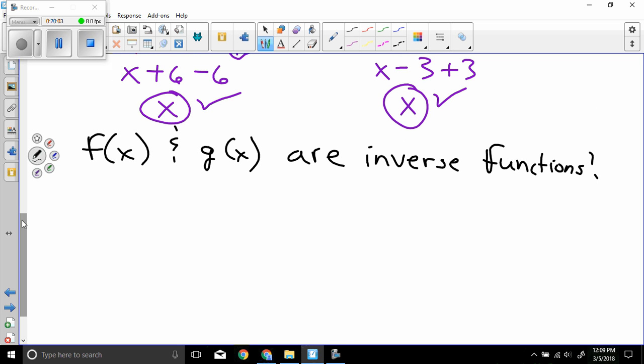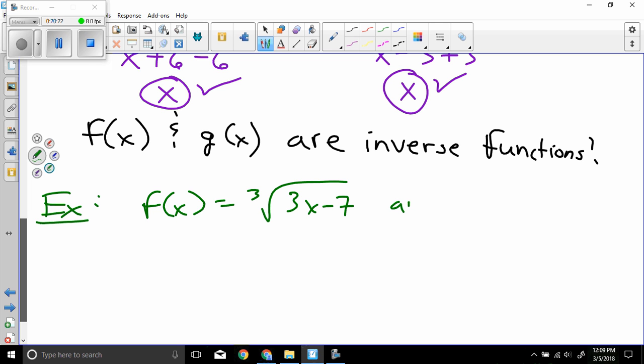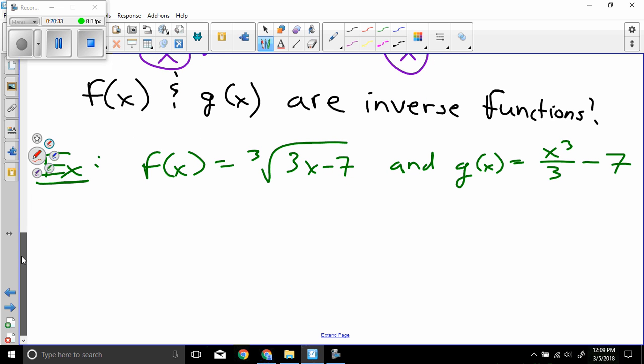I think I'll do one more example and then that'll conclude the notes here. So one more example. Let's try this one here. Let's try f of x equals the cube root of 3x minus 7, and it looks like g of x equals x cubed over 3 minus 7. So let's revisit again here.